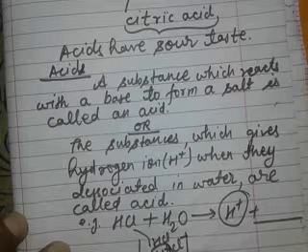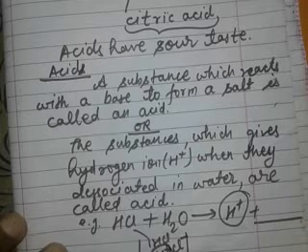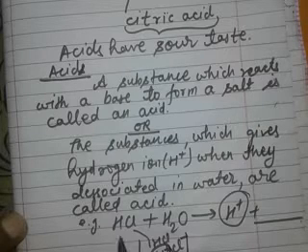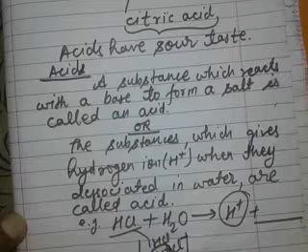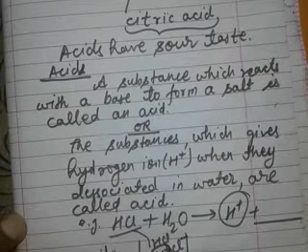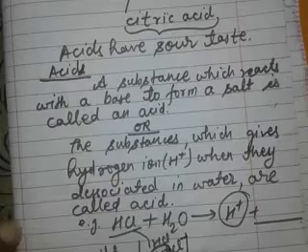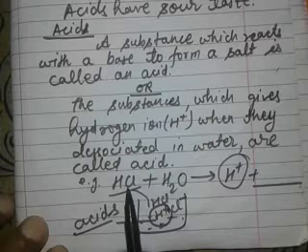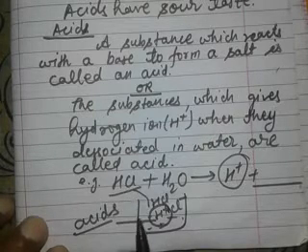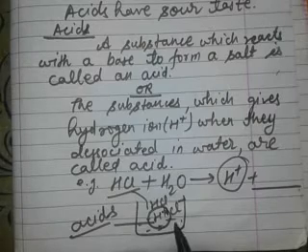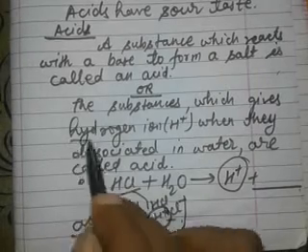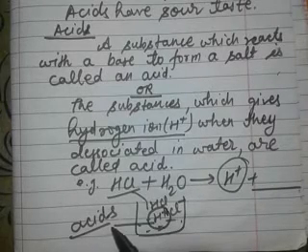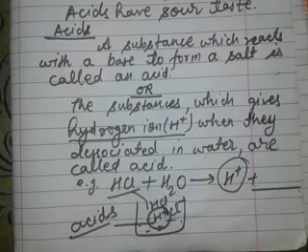These H plus ions, if present in the water, determine that the HCl is an acid. If a substance dissociates in water and gives H plus ions, meaning hydrogen ions, then we can say that the substance is an acid.